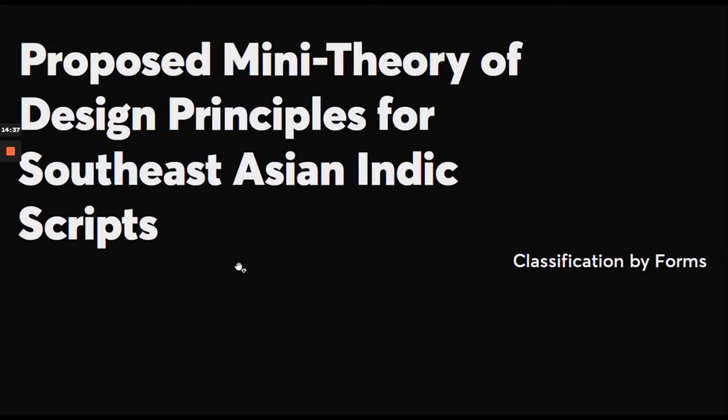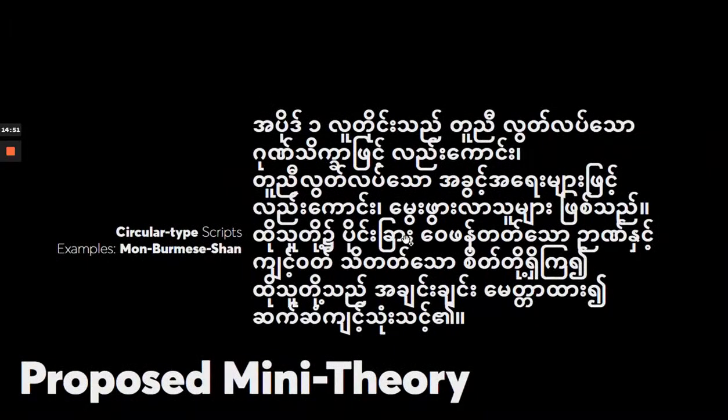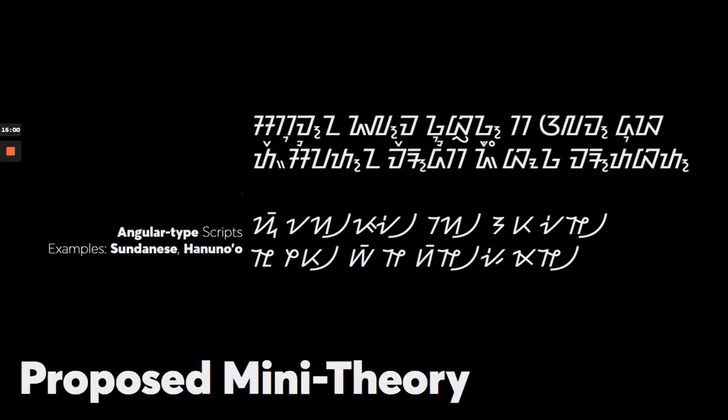In here, there's a mini theory of design principles for Southeast Asian Indic scripts. So the graphical types tend to be in either circular type, just like this Mon Burmese script sample in here, we have the angular type like the Sundanese and Hanunuo.